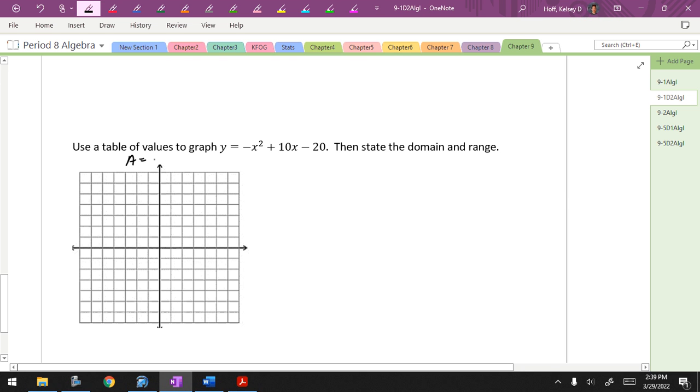You're finding the vertex of the bottom one, right? Okay, just checking.